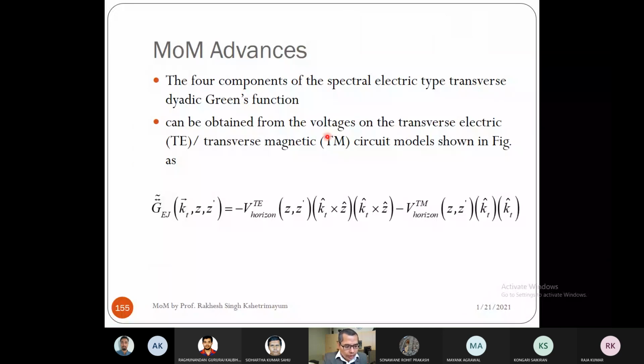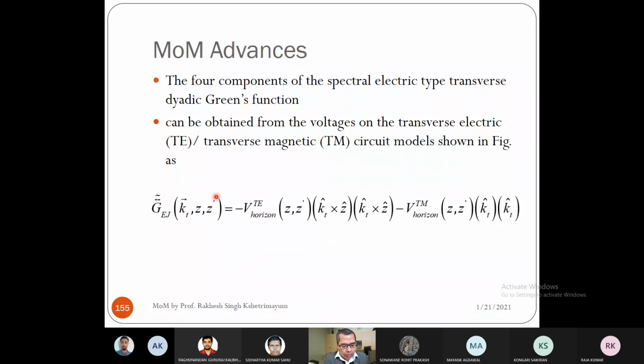So this is how you find the Green's function in the spectral domain. From the equivalent circuit model, you can find out the Green's function for the TE and TM circuit models. Here, what you need to do is find out the voltage for the TE mode and the voltage for the TM mode at an arbitrary location. That I will discuss later on. So you need to find out two things, the voltage for the TE mode and the TM mode. And once you have the voltage for TE and TM mode, you can find out the Green's function.